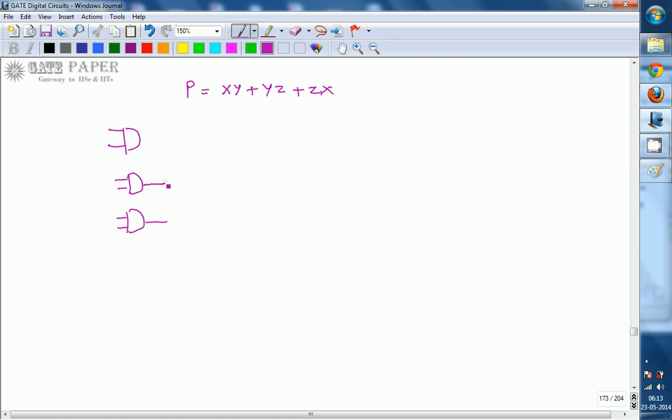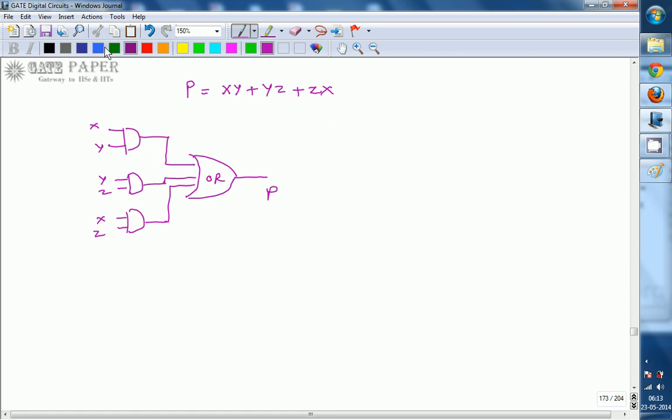You give the inputs as xy, yz and xz, so that you get three product terms, and those three product terms should be ORed to get P, so a 3-input OR gate is going to be required. That is what the P expression requires: one OR gate and the others are AND gates. So this has to drive an LED.